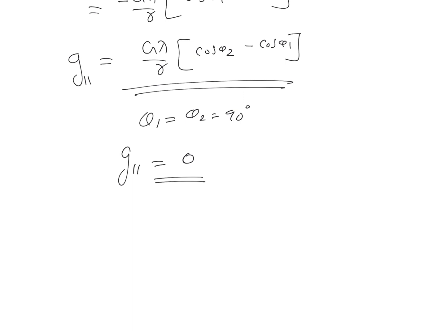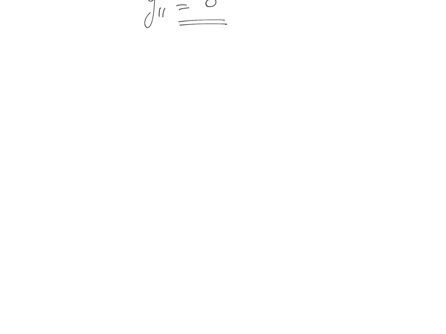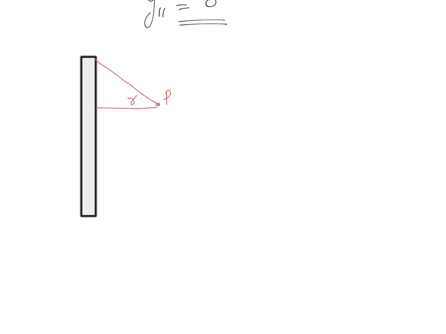So just remember the equation for gravitational field due to a uniform rod at a point P, which is at a distance r, with respect to these angles theta 1 and theta 2. This angle we took as theta 1 and this angle we took as theta 2. So basically we are finding two components, one component perpendicular and the other component which is parallel.